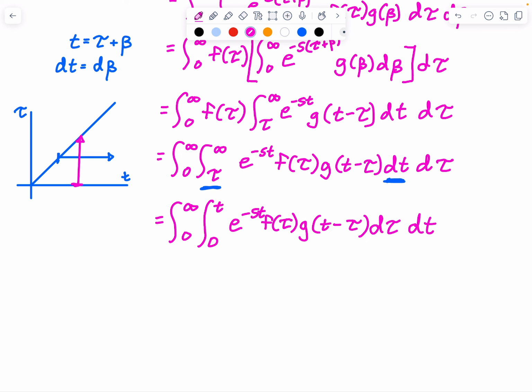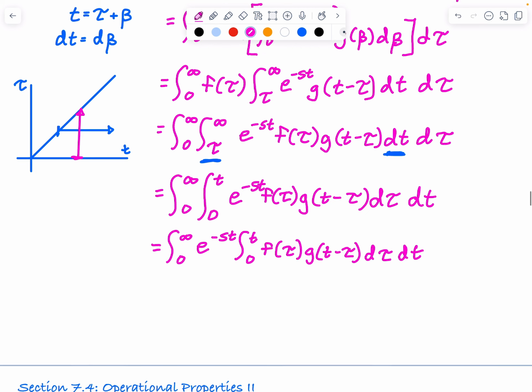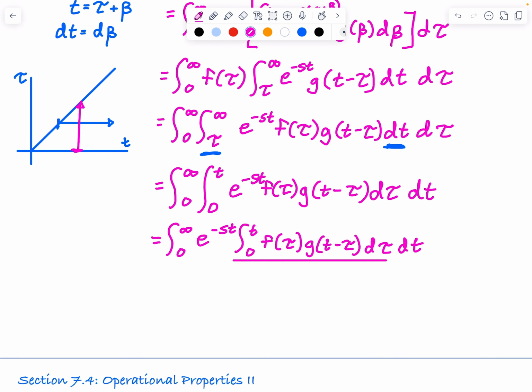So now we have that set up, right? The first integral is with tau. So I can go ahead and put 0 to infinity, and then I'm going to bring out this e to the negative st. And then I'll have 0 to t of f of tau, g of t minus tau, d tau, dt. But if you take a look, this thing right here is the definition.